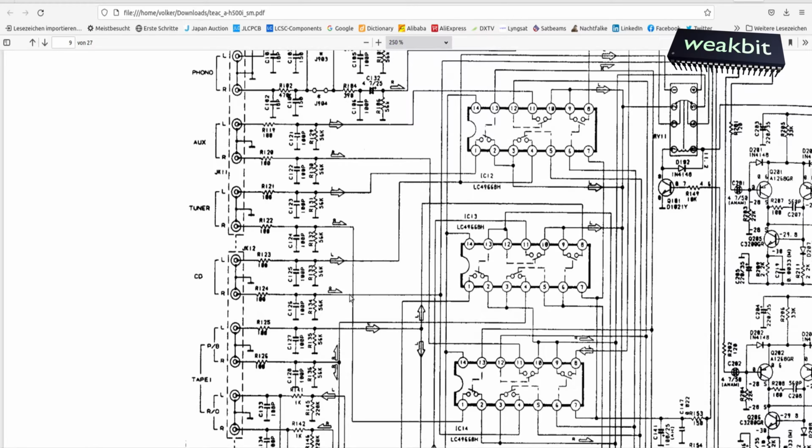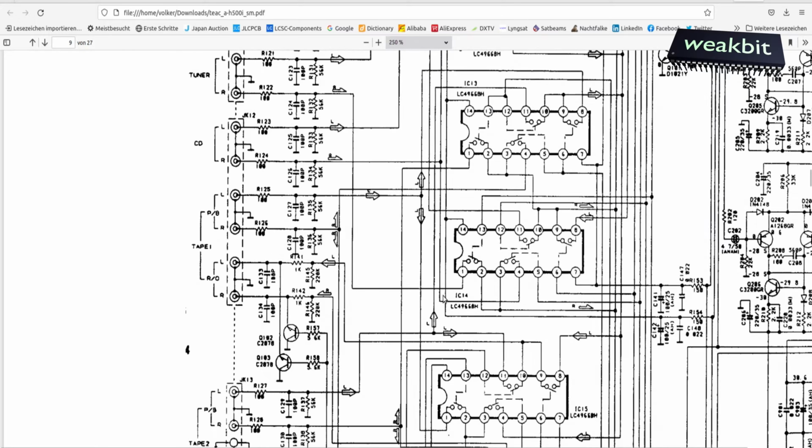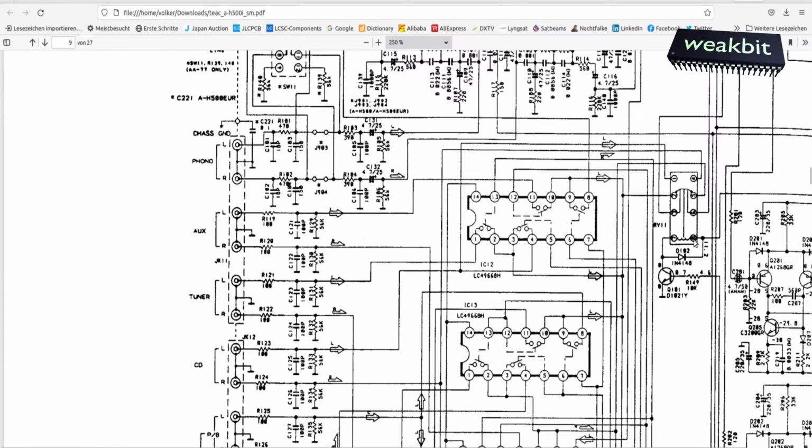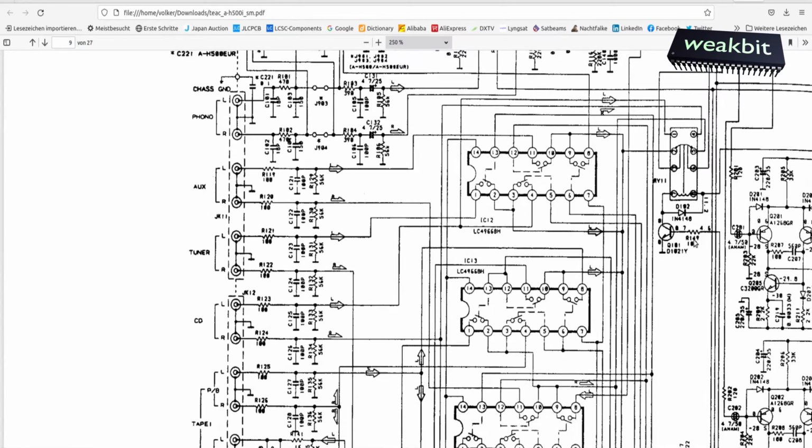Right side, CD in. Right here. Right out here and goes up here to the relay. Okay, the relay.